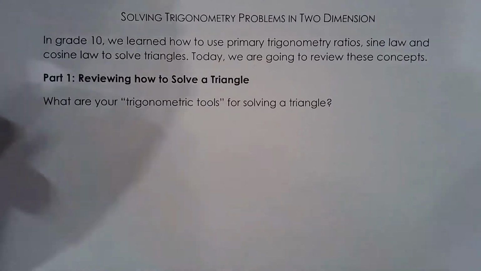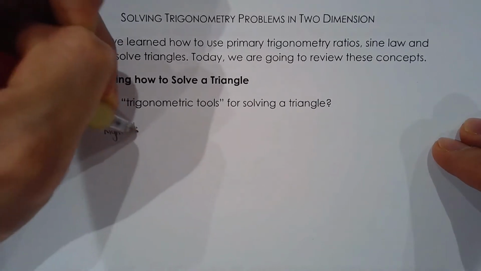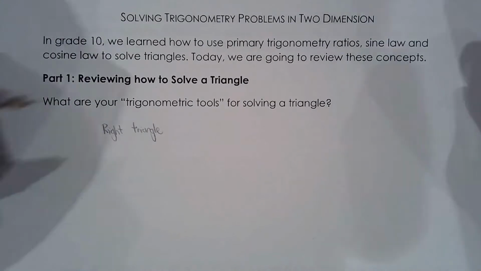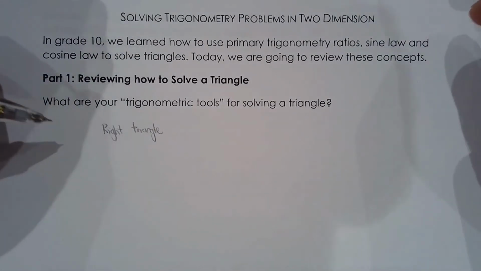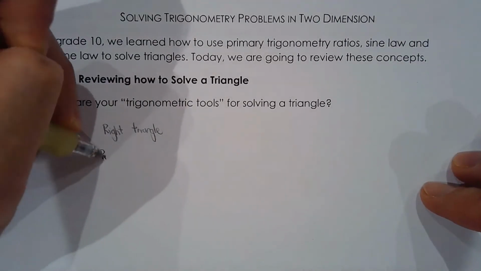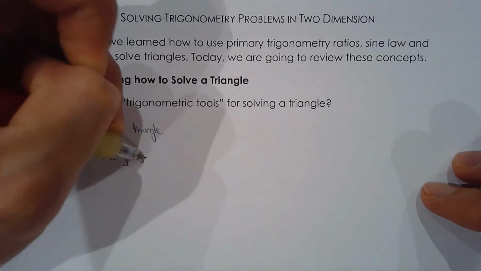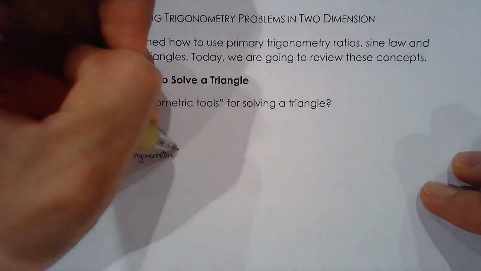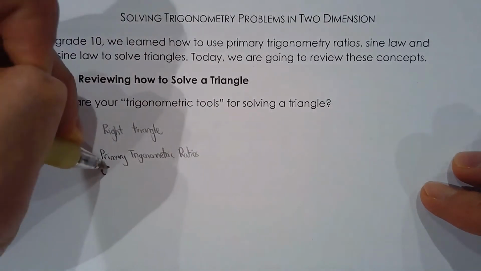If you have a right triangle, right away I'm thinking of 2 different trig tools I can use to help me solve the right triangle. So you can have the primary trig ratios, SOHCAHTOA.